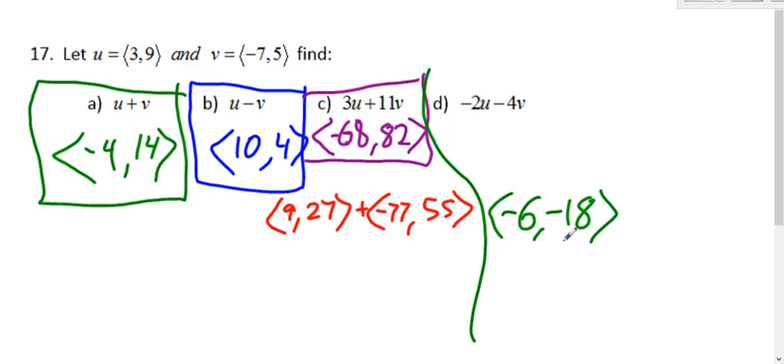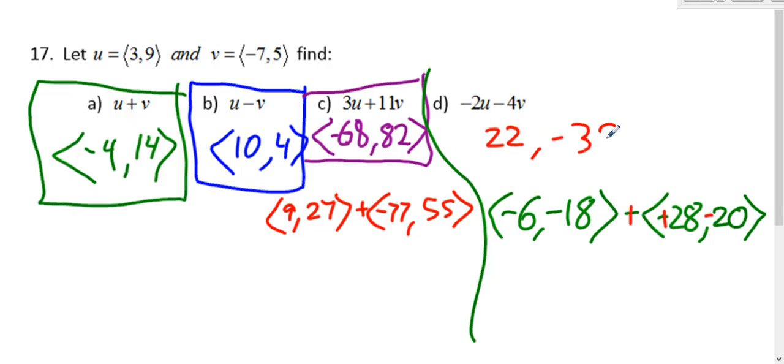And we are subtracting 4v, so that will be minus -28, 20. You could have included the -4 there and said it was adding and changing those signs. That would work out the exact same. So that would be 22, comma, -38 as our vector.